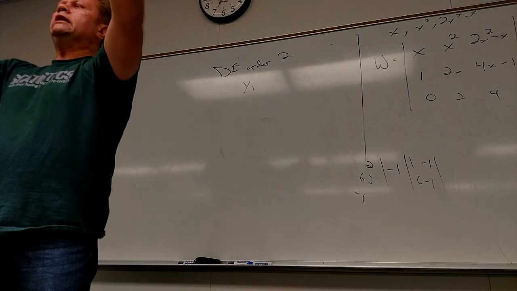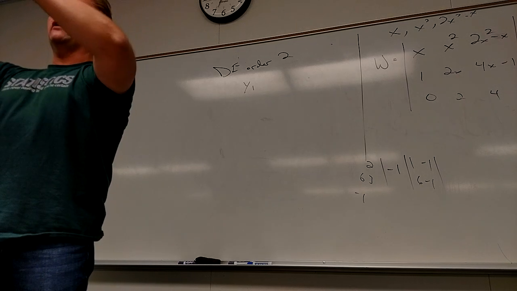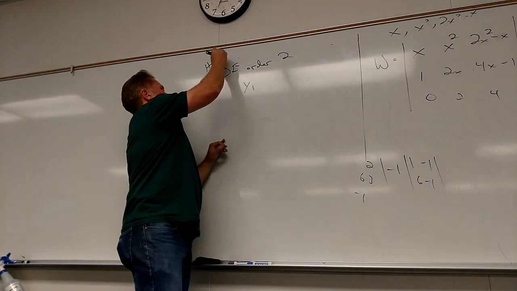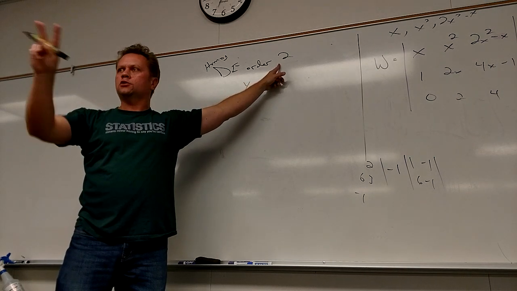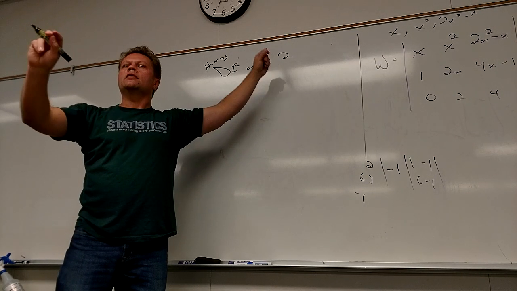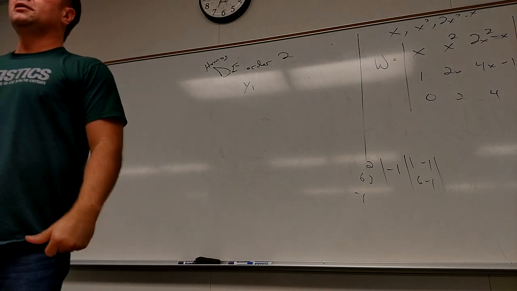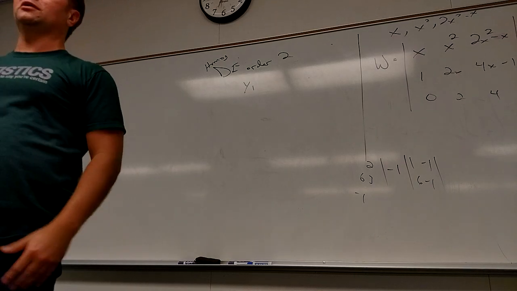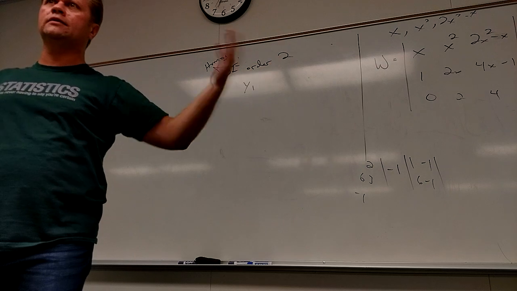To make what's called the fundamental set of solutions for a homogeneous DE of order 2, it would have to have 2 parts. They would have to be linearly independent, which only makes sense, right? If I said one solution is x and the other one is 2x, you'd say that's silly. You're going to put a c in front of it, so that captures the other one. You didn't really find a second solution.